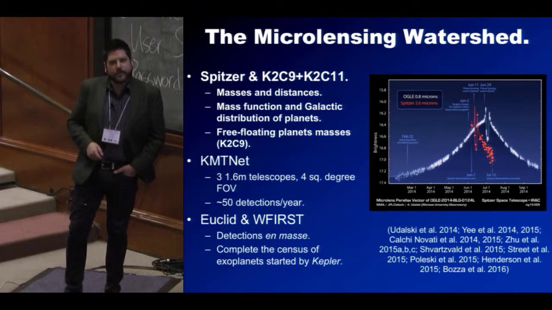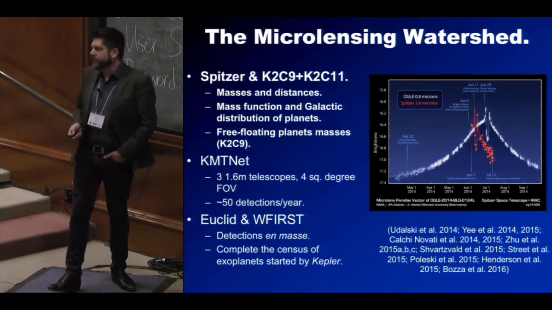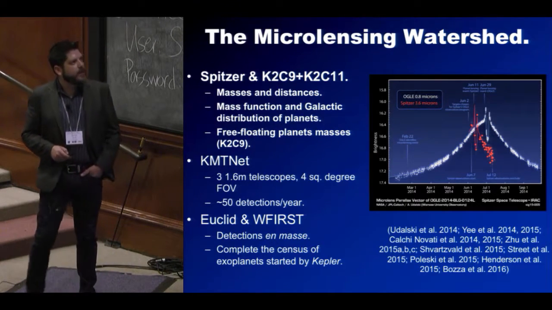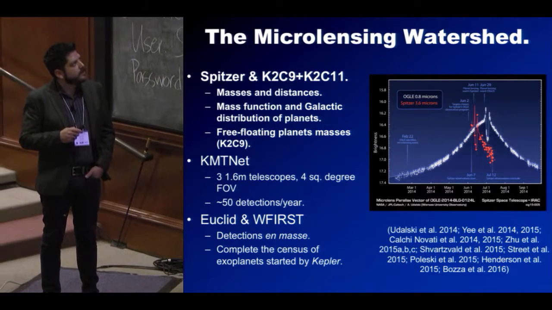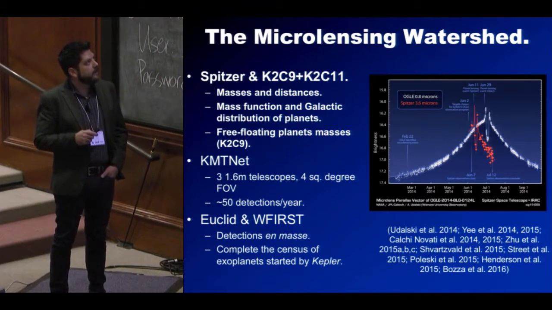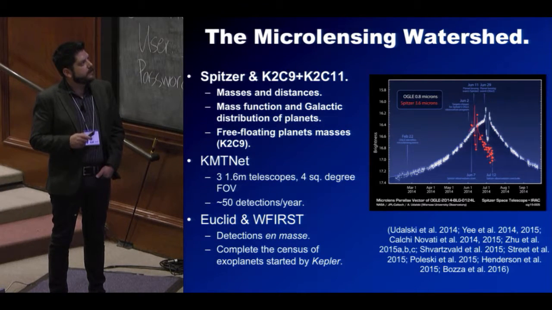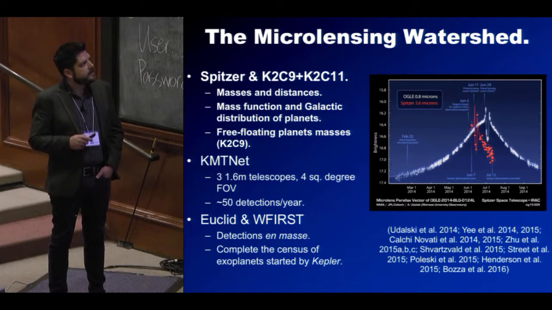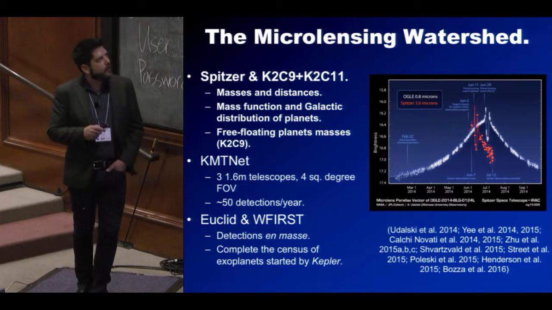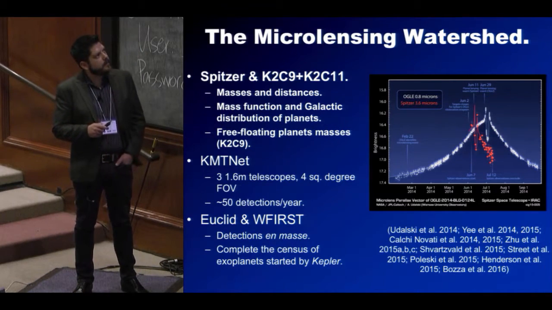As a result of this watershed, there's been a fair amount of fallout, and you heard some of this from Jen Yee, so I won't cover that. She talked about Spitzer. We've gotten a lot of time on Spitzer to do microlensing parallaxes, which allows us to get masses and distances to the microlensing stars, the mass function and galactic distribution of planets. There's also K2 campaign 9, which I'll talk a little about.